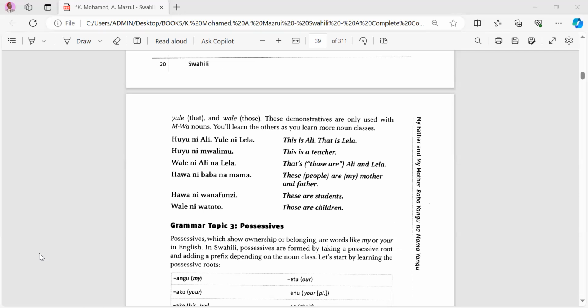Can you repeat that word, Sister Ida? Huyu ni mwalimu. Can you read it just the way it is? Mwalimu. Sister Ida, I told you don't make you to be A. Just pronounce you as you.